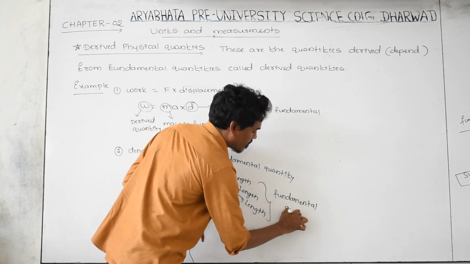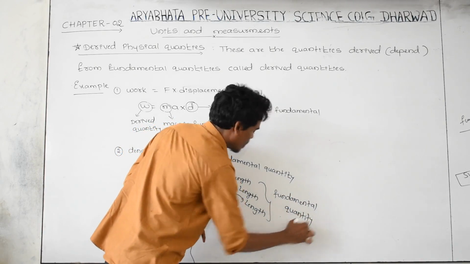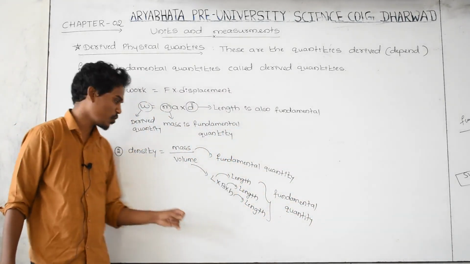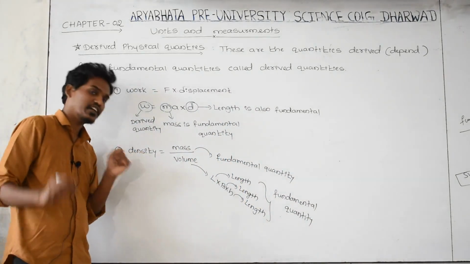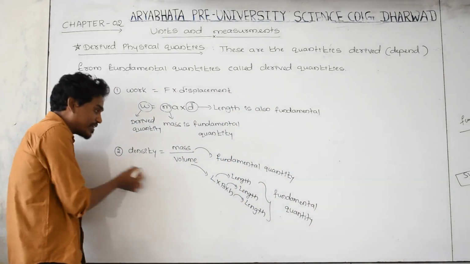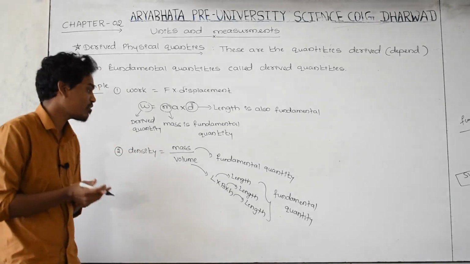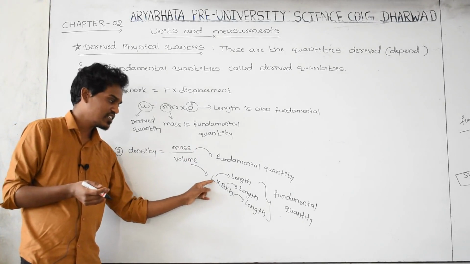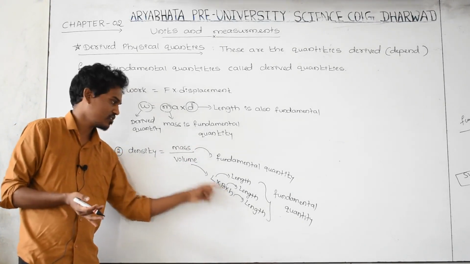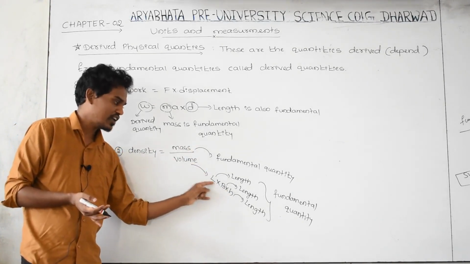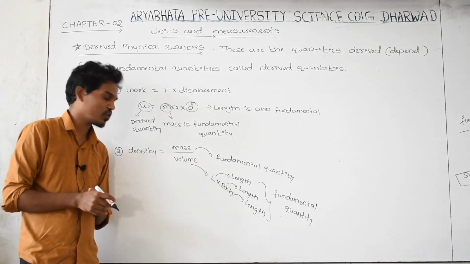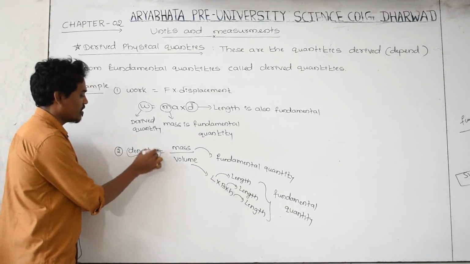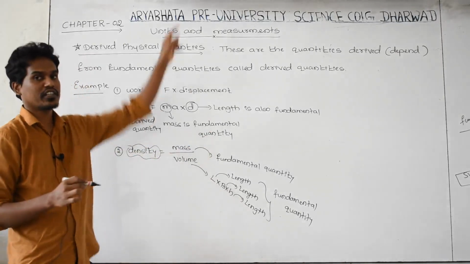Therefore, without mass or without length, is it possible to express the density? It is highly impossible. In order to express the density, which terms are required? Mass and length, breadth, height. L is a length, B is a length, H is a length, and mass is a fundamental quantity, and these are all fundamental quantities. Therefore, in order to express density, these fundamental quantities are required.